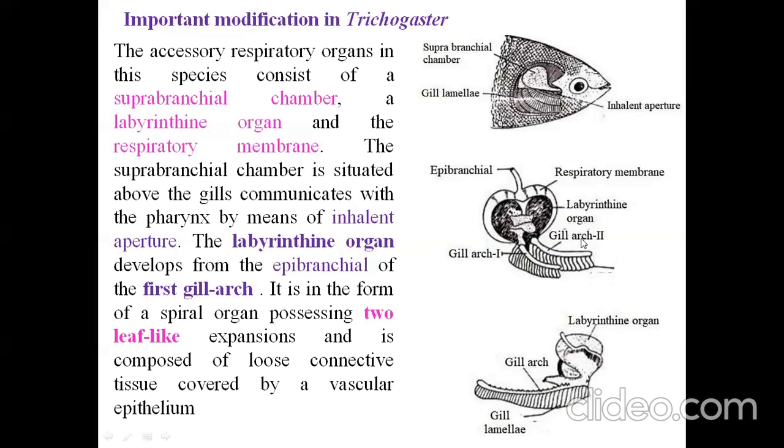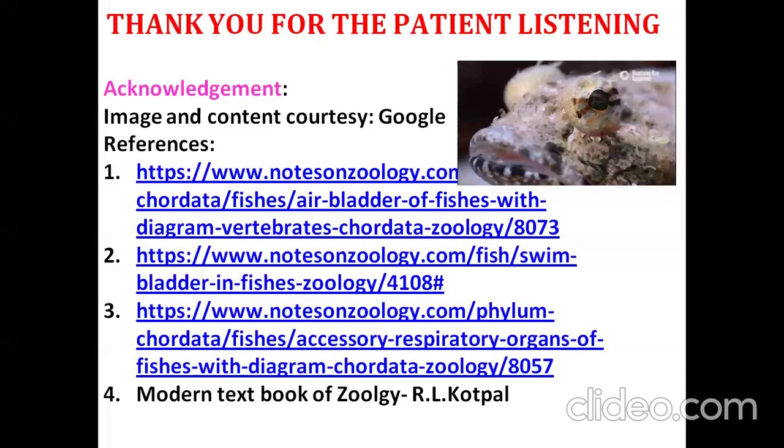The gill arch will be in the form of a leaf-like expression. Both the gill arches will look like a comb or leaf. It will have loose connective tissue covered by vascular epithelium. So you can see the structure here. And this is the labyrinthine organ. This is the modified structure.